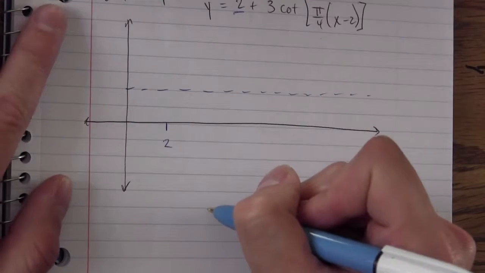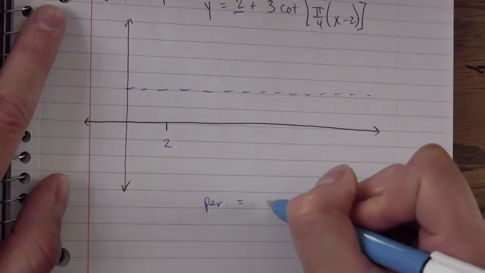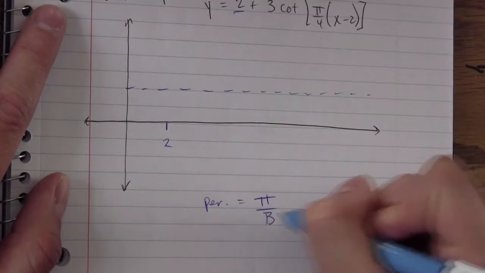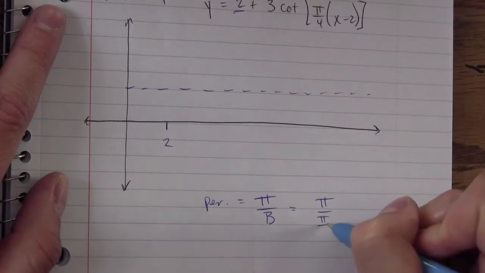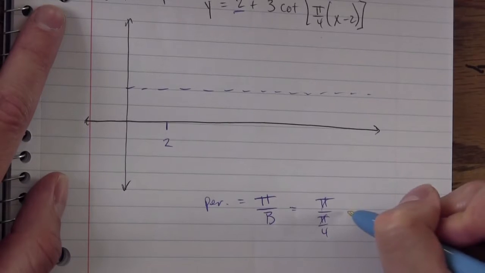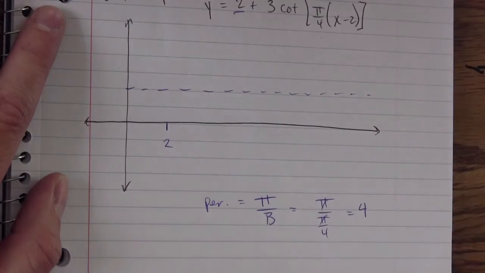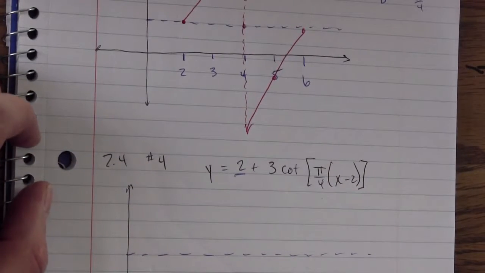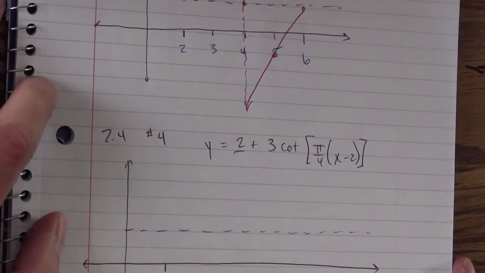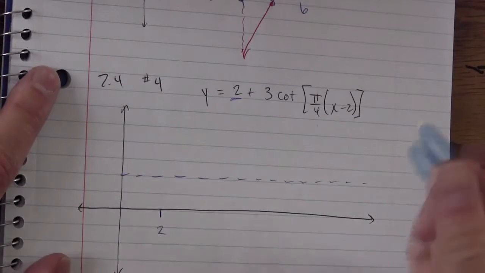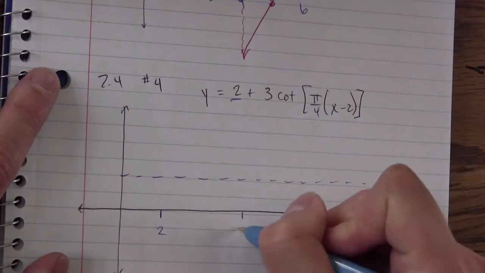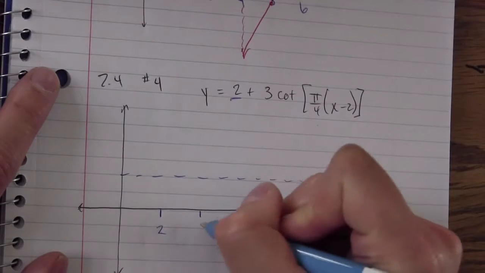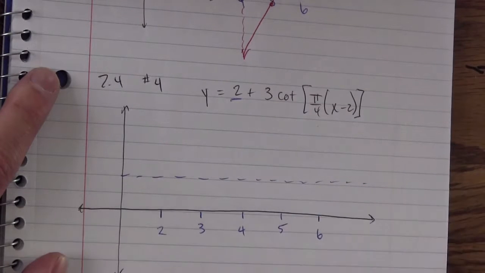So I'm going to go ahead and do that over here. Period equals pi over b equals pi over 4, which is 4. Okay, so 2 plus 4 is 6. That means our half period is at 4, and our quarter periods are at 3 and 5.